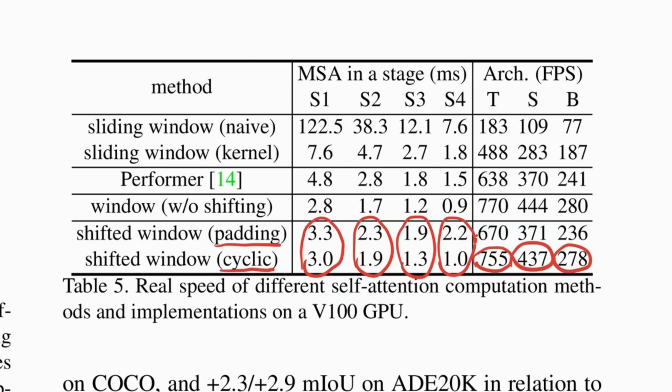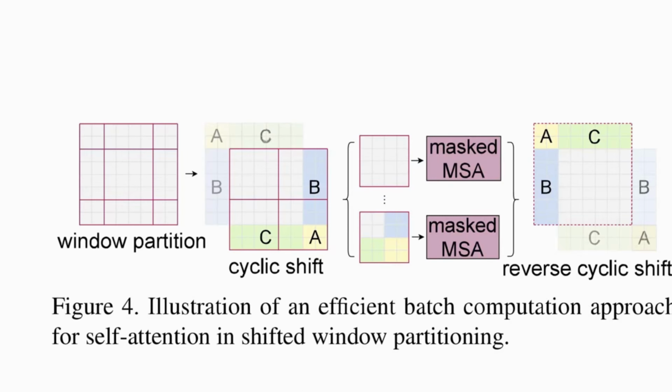Okay, now let's look at the details of this cyclic padding. Cyclic padding is like this. After we shifted the windows, we are going to just get this section from top and copy paste it in the bottom. We do the exact same thing for the section B. We get this section, whatever is left over from the left, and we put that in the right section.